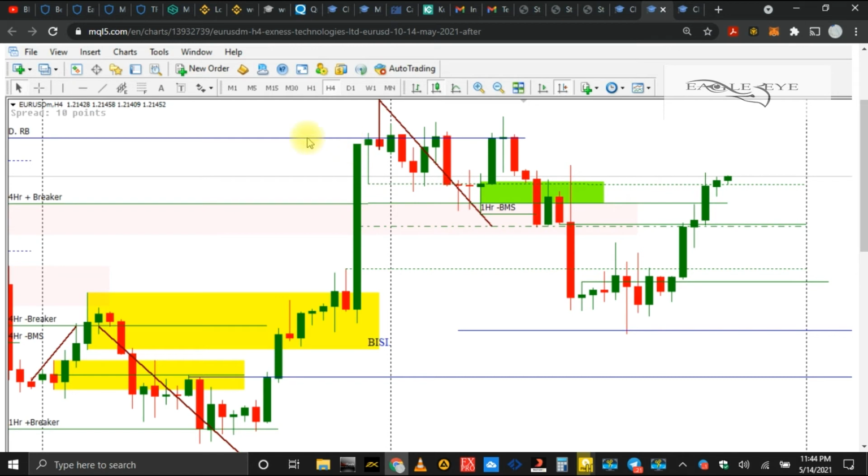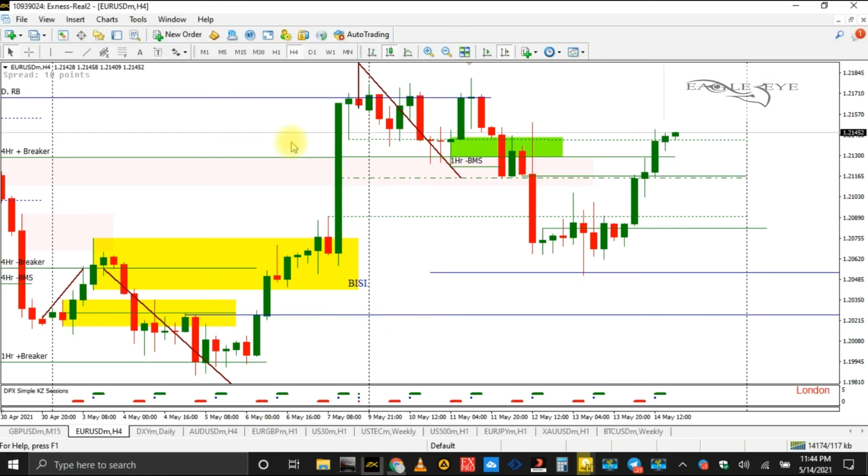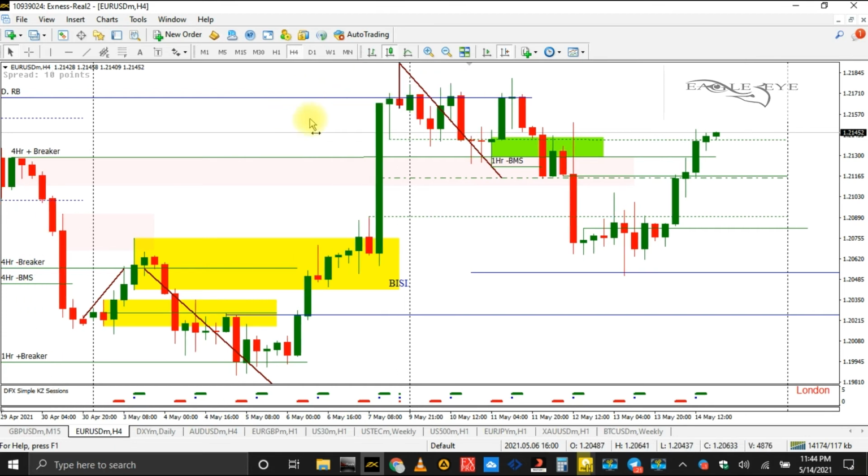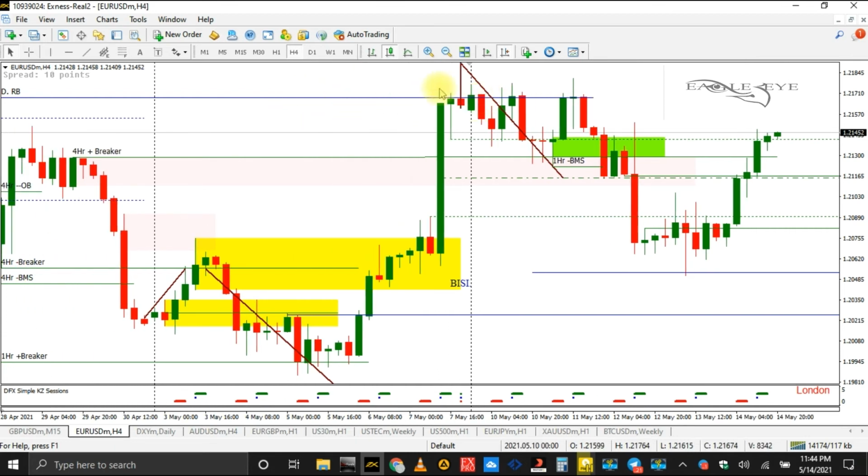All right, now you see this, let me go back, this daily rejection block. That was where I was actually expecting price to have some kind of a pullback, or let's say resistance around that area.